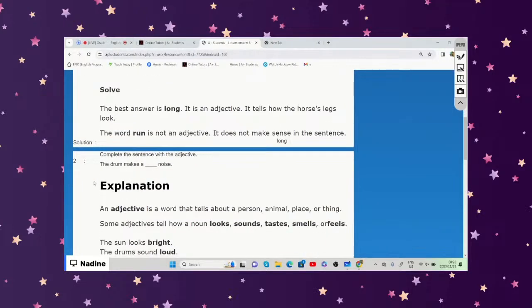All right. It says the drum makes a noise. How would you be able to describe the noise that the drum makes?